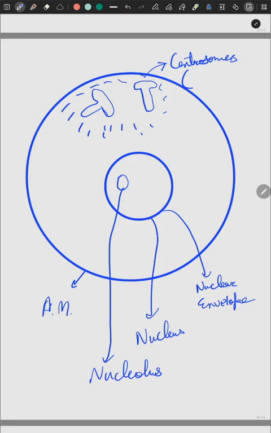Each has a centriole pair. This one is known as a centriole. There are two centrioles, so it means a pair.